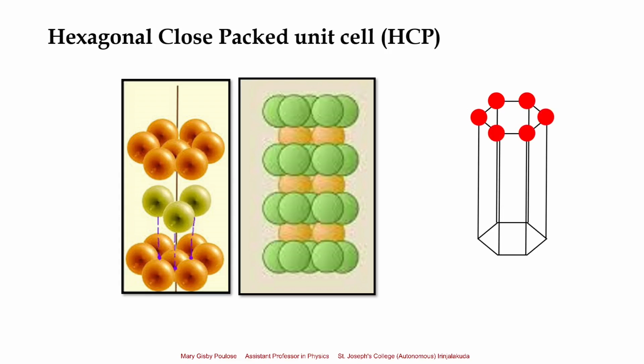We have 6 atoms on the top hexagonal plane, and at the center of it we have another atom. On the bottom again, 6 atoms on the corners of the hexagon and another atom at the center, and we have 3 other atoms at the center between the 2 hexagons.